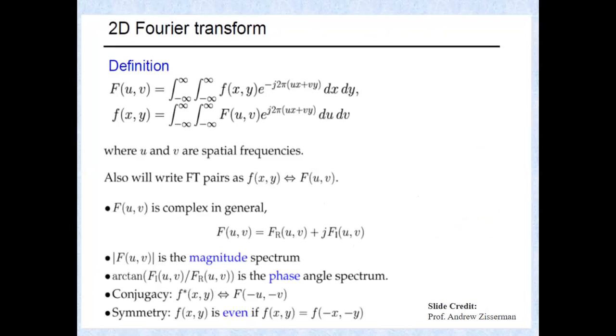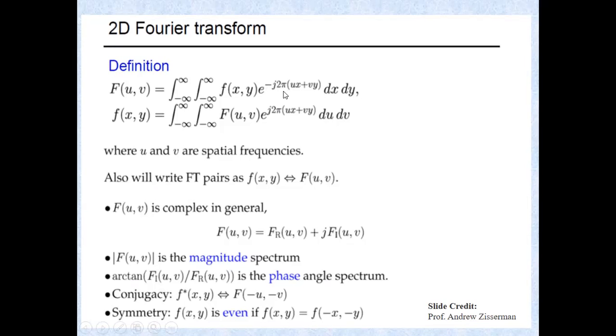Yes, sir. So in 2 dimensions, what we do is exactly the same for finding the Fourier transform. Again, we have a signal, but now it is a two-dimensional signal, which varies along x and y directions. So now the sinusoids have an x-directional sinusoid and a y-directional sinusoid.